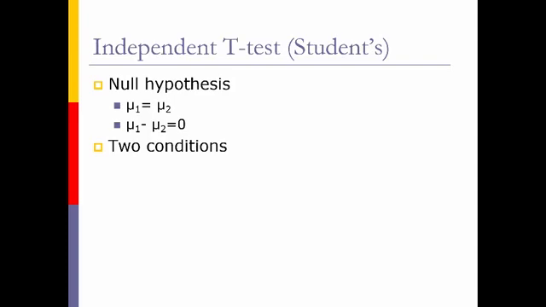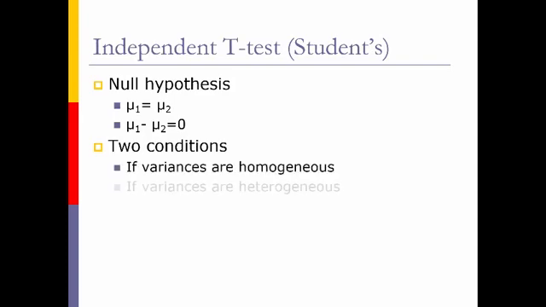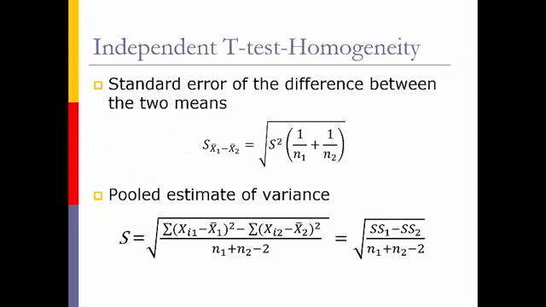We have two conditions that we have to meet with the independent t-test. We have to find out whether or not our variances are homogeneous or heterogeneous. Depending upon which category they fall into will impact the equations that SPSS will be using to figure this out.